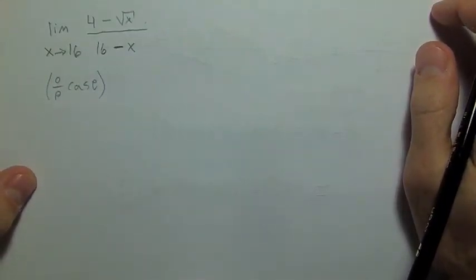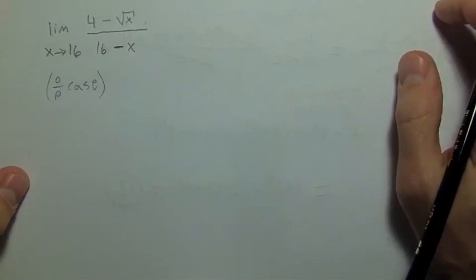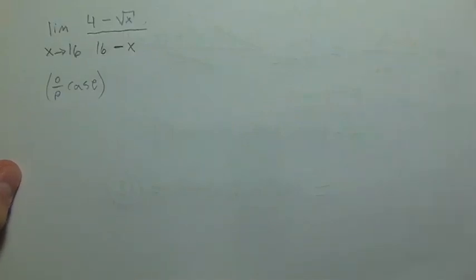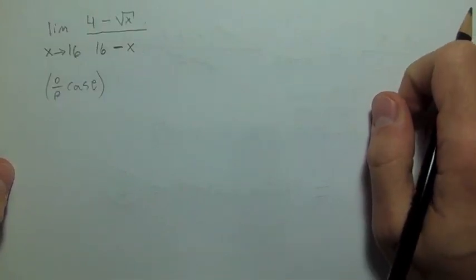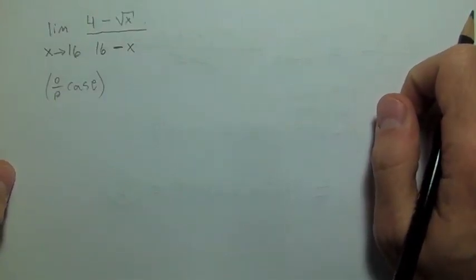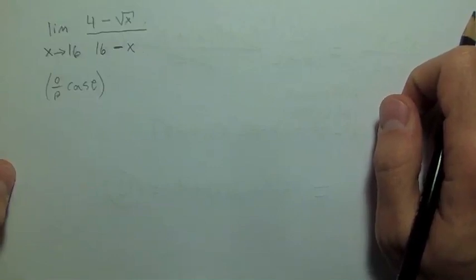If you remember back in pre-calc or algebra, you had this technique to get square roots out of the denominator. And they told you it's because you can't have square roots in the denominator. They actually lied. You totally can. And we're going to actually end up with it here.